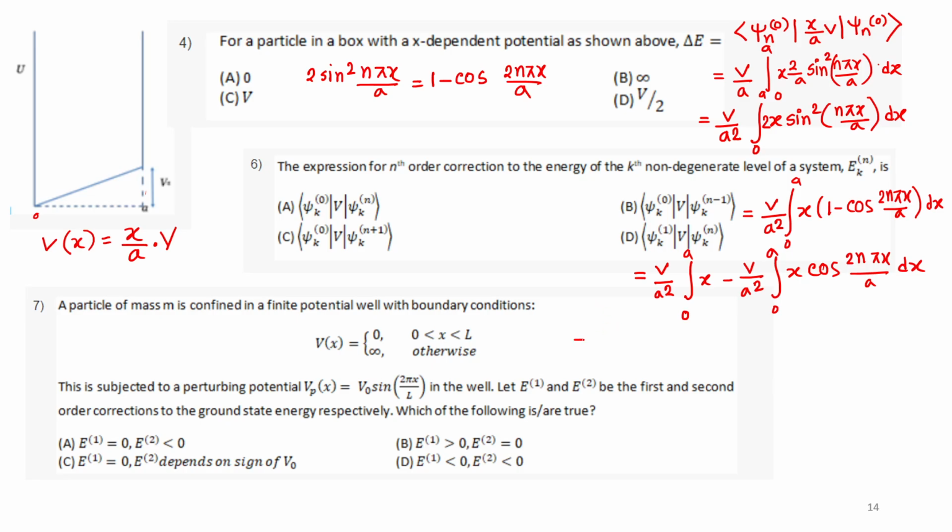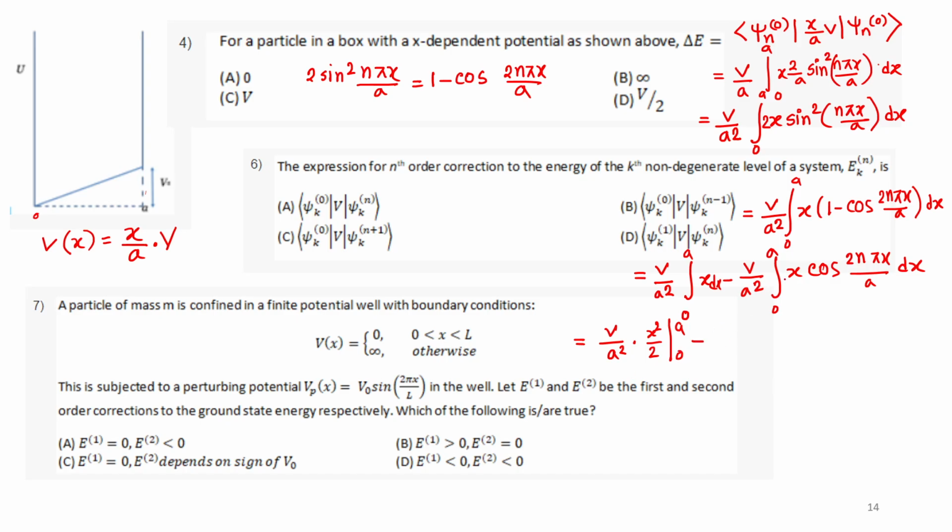Now from the left hand side part, we are going to get V by a square into the integral of x dx, so x square by 2, with upper boundary a and lower boundary 0.